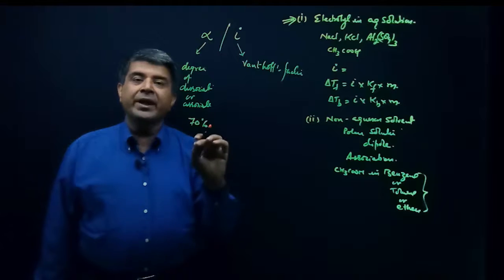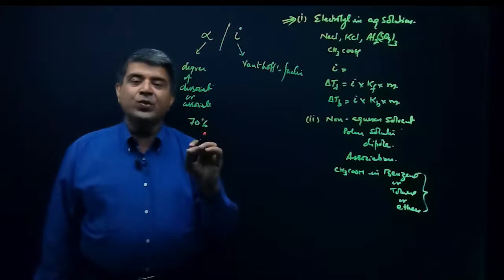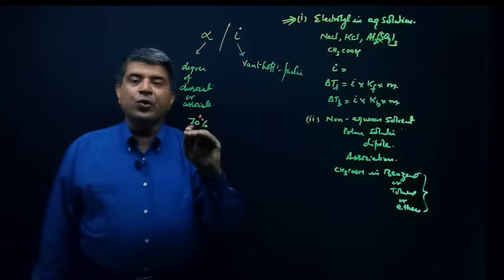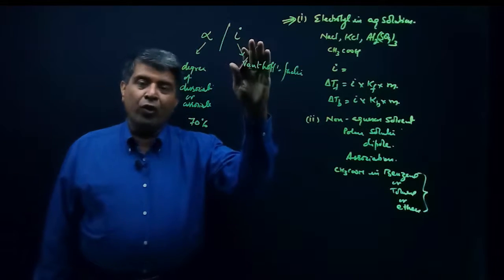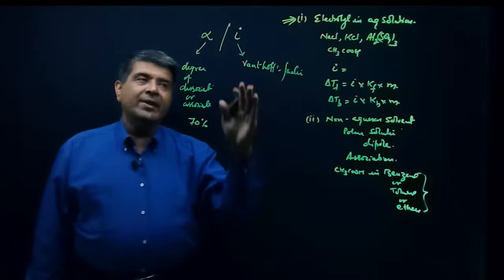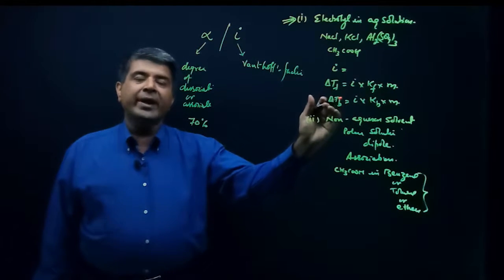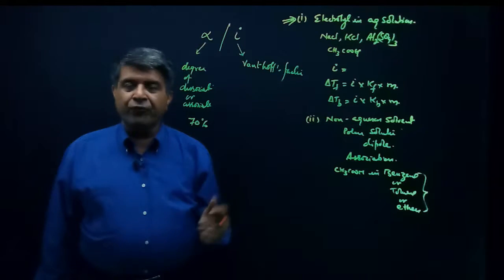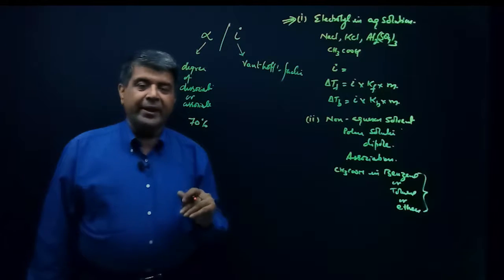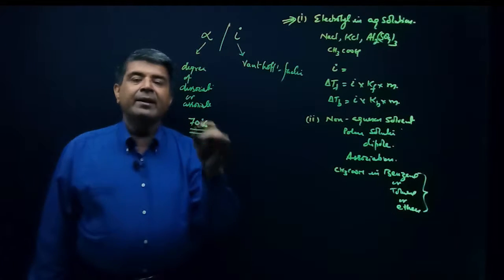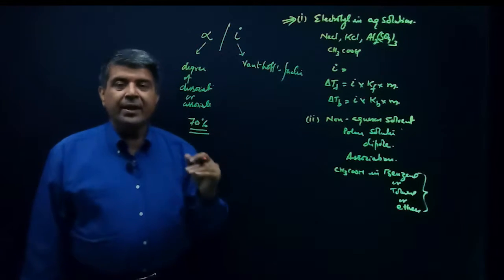If it is given that the solute is 70% dissociated or associated, you are given the value of alpha, and accordingly you have to calculate the van 't Hoff factor i, and then that van 't Hoff factor can be used in depression in freezing point, elevation in boiling point, or osmotic pressure formula for calculation of the colligative property. So this is the second mistake that I have seen over the years that students commit.